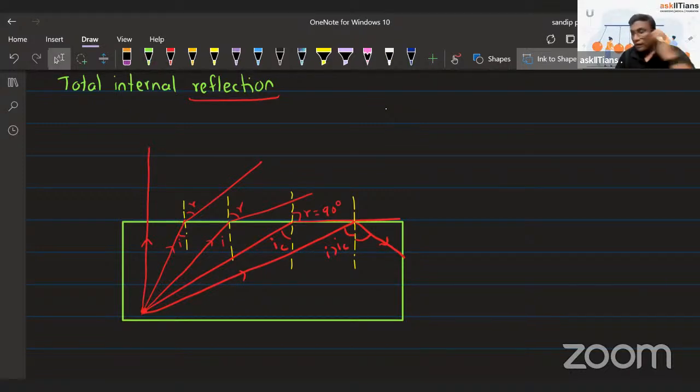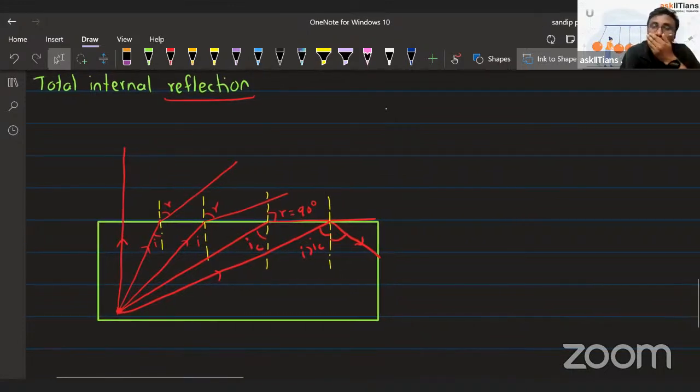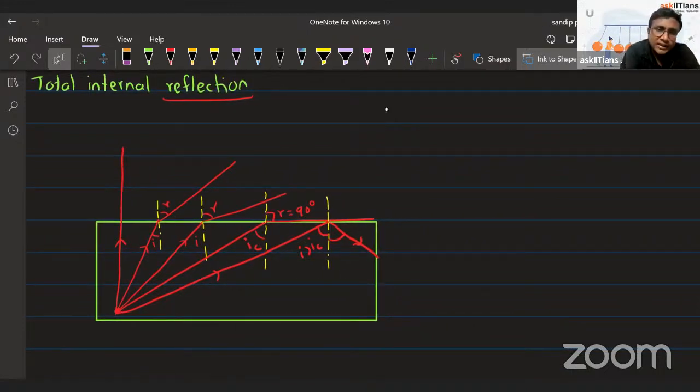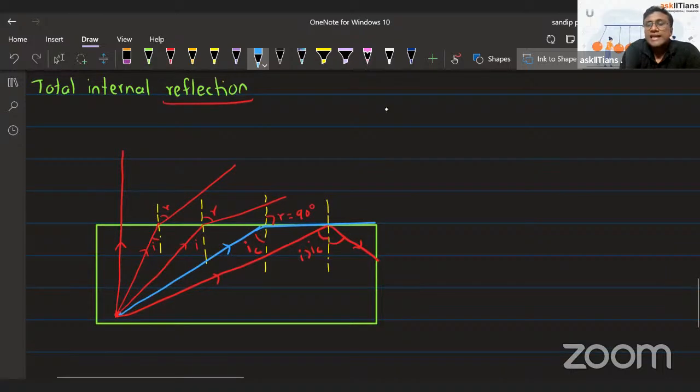To find the IC, the critical angle, consider this ray, which we'll show in blue. For this ray, we are going to get the critical angle. So use Snell's law for that: n1 sin I is equal to n2 sin R. This is our formula.